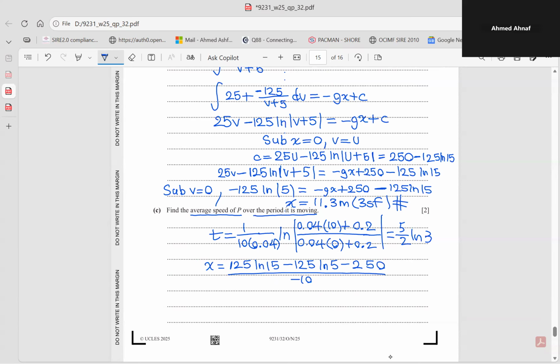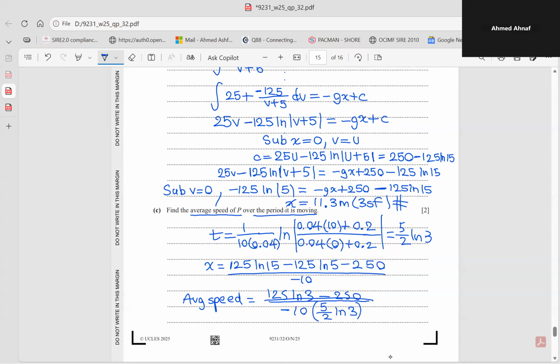Okay, so therefore the average speed is just going to be 125 ln 3 minus 250, divided by negative 10, divided by 5 over 2 ln 3.